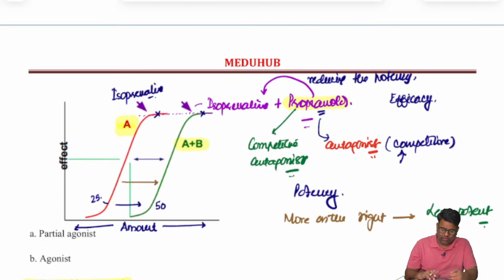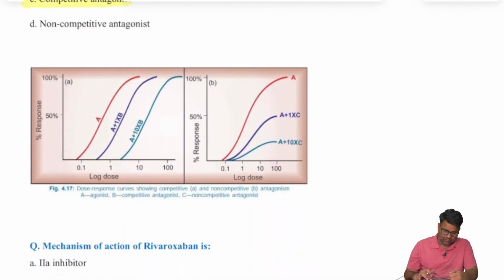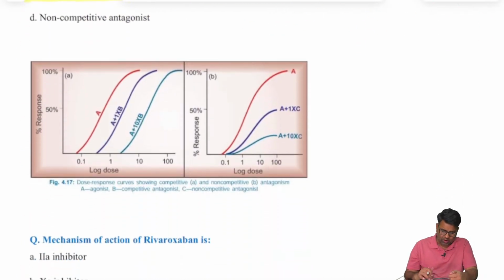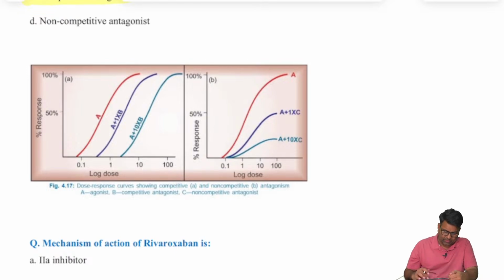So this is a very beautiful concept of competitive antagonism, which is very well shown on this DRC, right? So this is competitive antagonism.